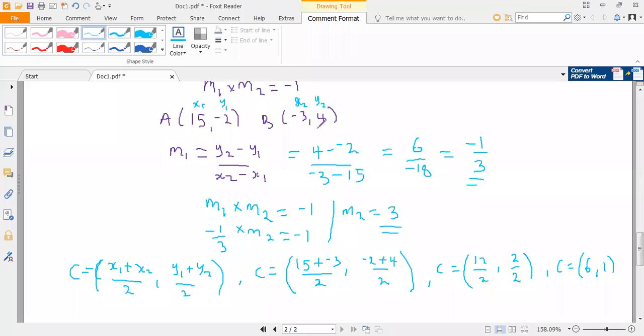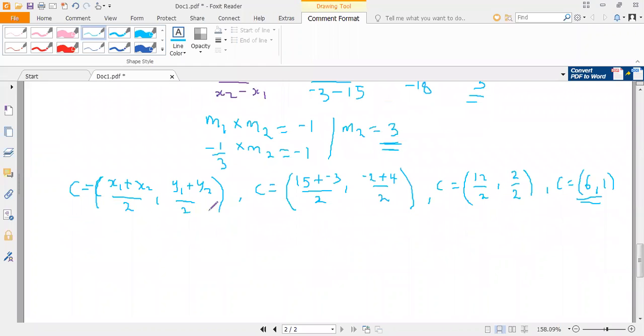Okay, so we now have the gradient of the perpendicular bisector, and we also have a point where it passes. So now we are going to look for the equation which has a gradient of 3, and it also passes through the point C, which is the midpoint of AB with coordinates 6, 1.